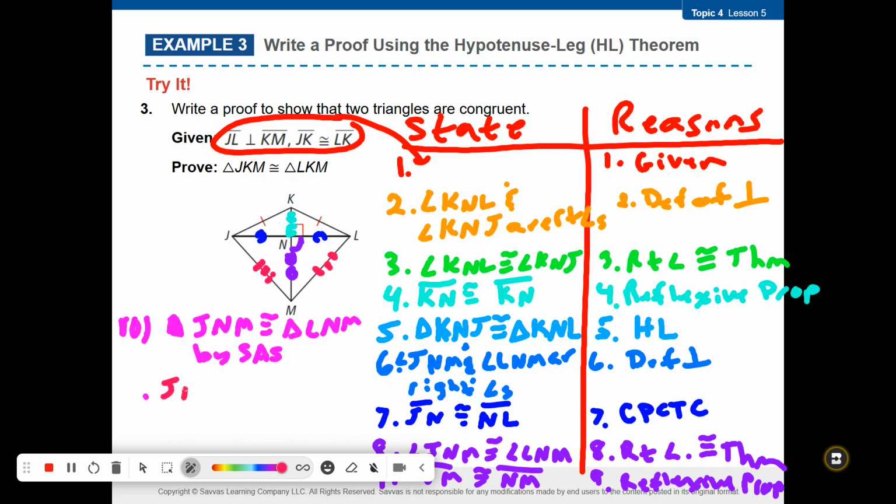So let's do JM is congruent to ML by CPCTC. And then because we're working on this whole idea, we can state next that KM is congruent to itself by reflexive.